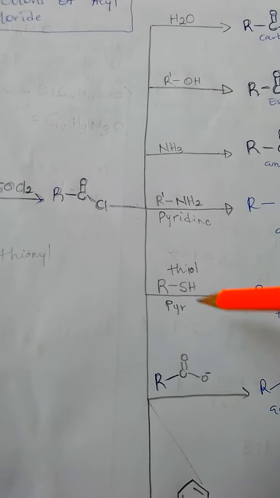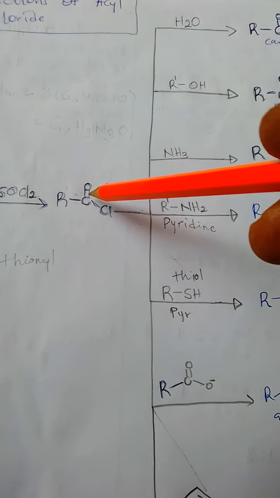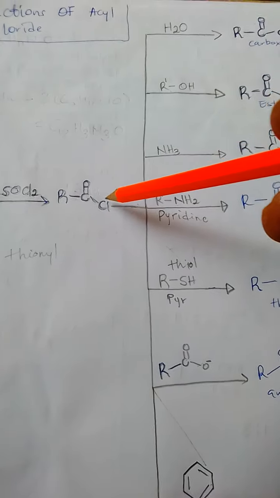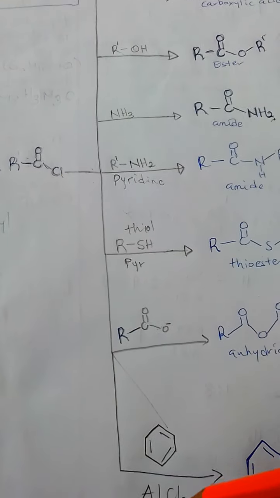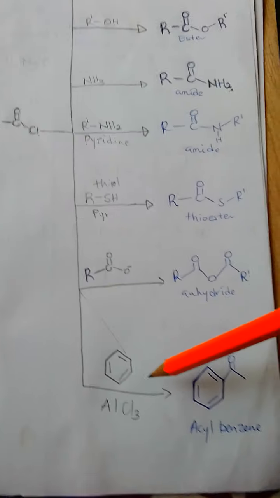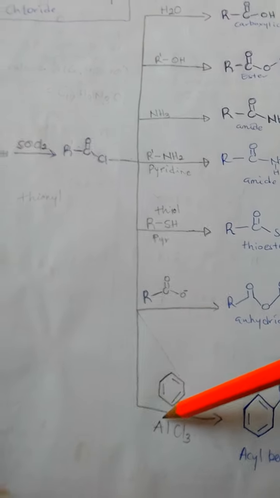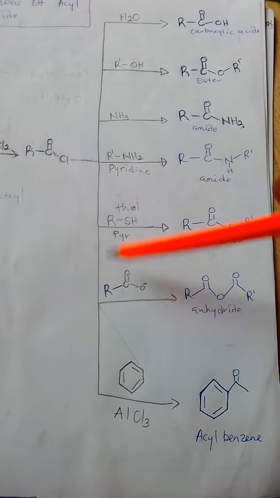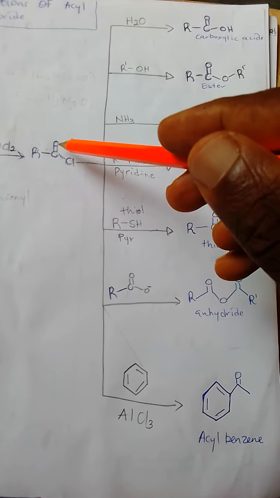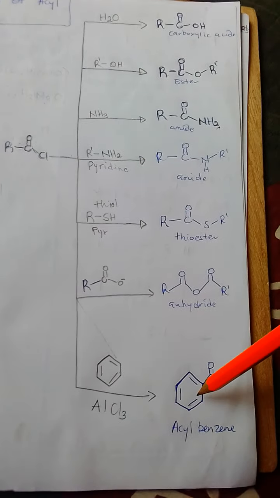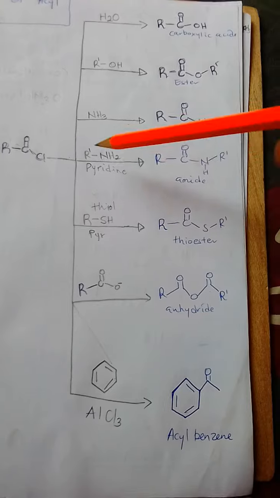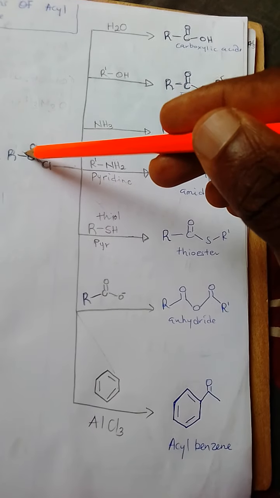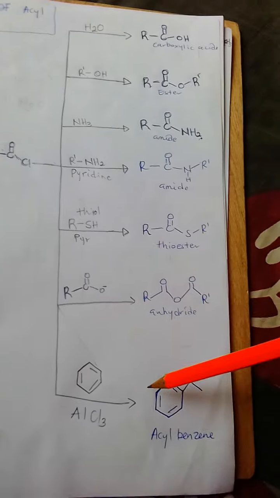The final reaction under this study of an acyl chloride is a reaction we call Friedel-Crafts acylation. When we have a benzene ring in the presence of aluminum chloride catalyst and you add an acyl chloride to it, you are going to acylate the benzene ring. You add the acyl portion of the acyl chloride to the benzene ring.